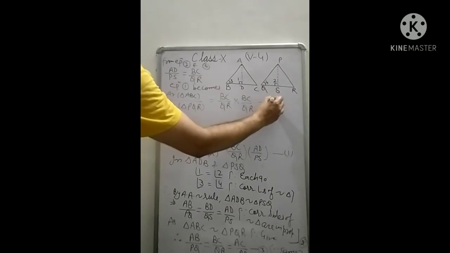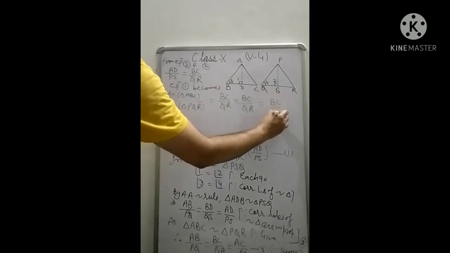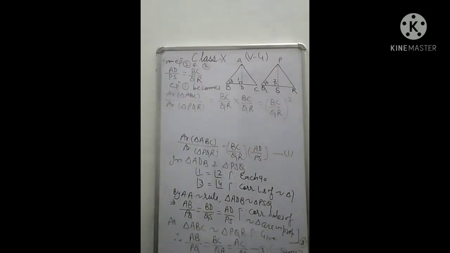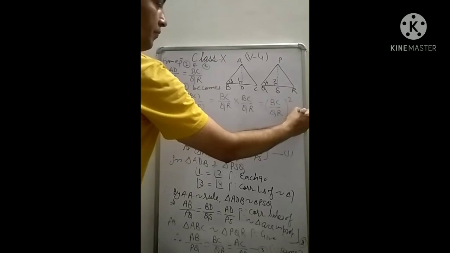This will be equal to (BC by QR) whole square. But this BC by QR is equal to what? See, from equation 3, this BC by QR is equal to AB by PQ and AC by PR. So suppose this is equation number 4.